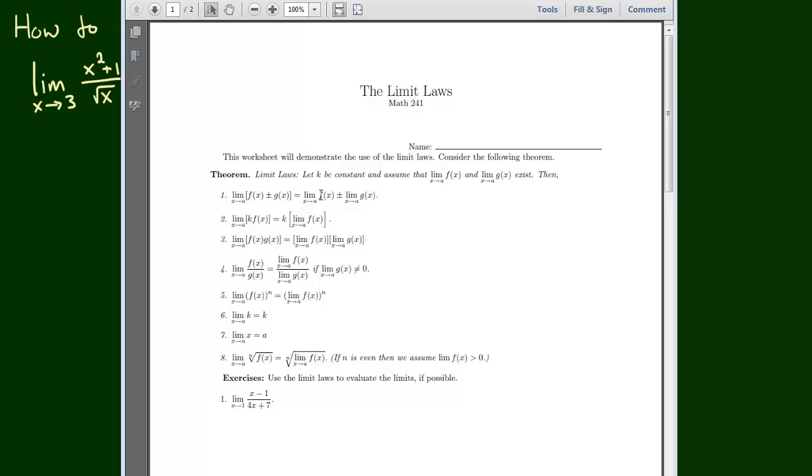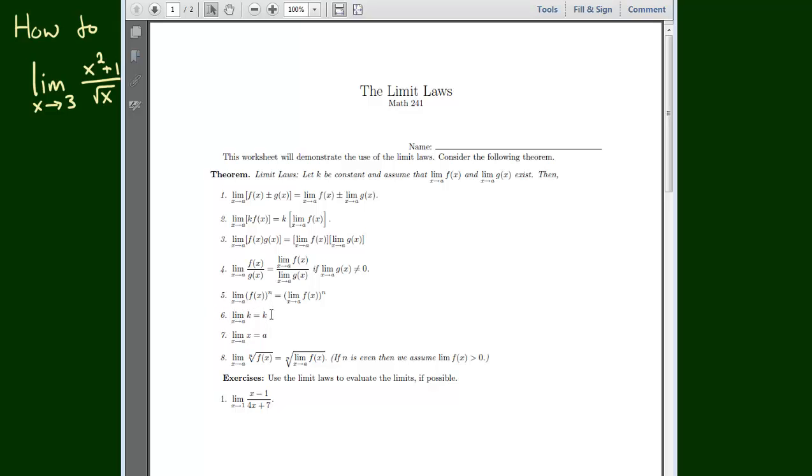So you're basically splitting the limit over the addition sign, or you are pushing the limit past a multiplication by a real number. Maybe you are splitting the limit over the numerator and denominator of a fraction, and so on and so forth. So all of these are going to be ways of moving a limit past or through different kinds of operations, except for number 6 and number 7.